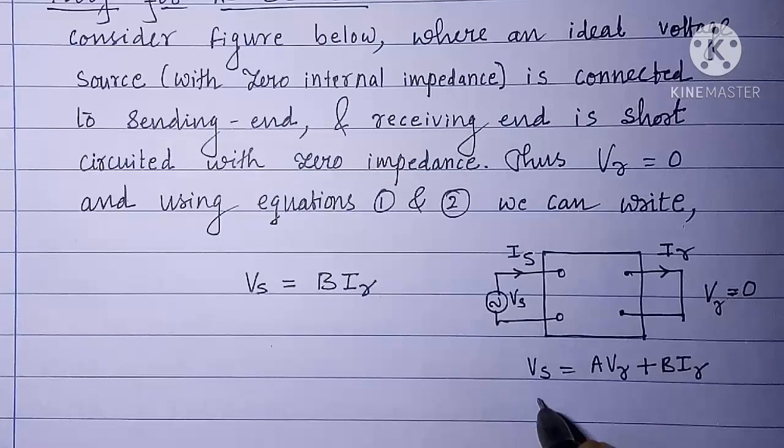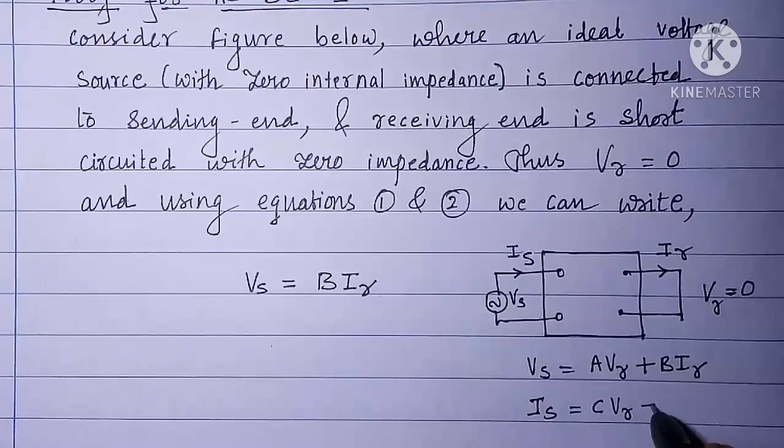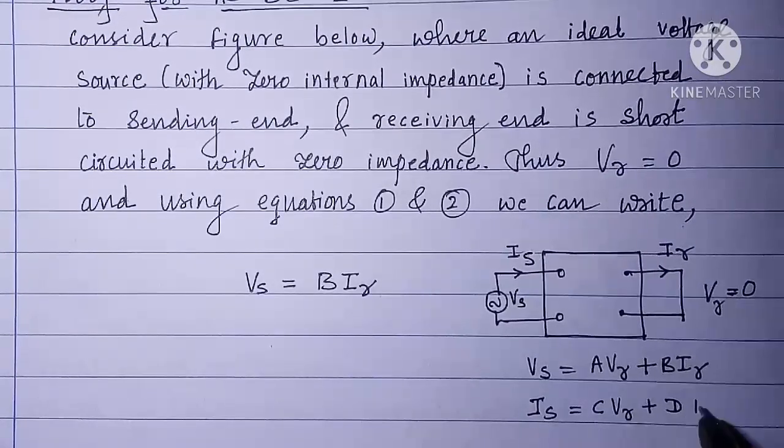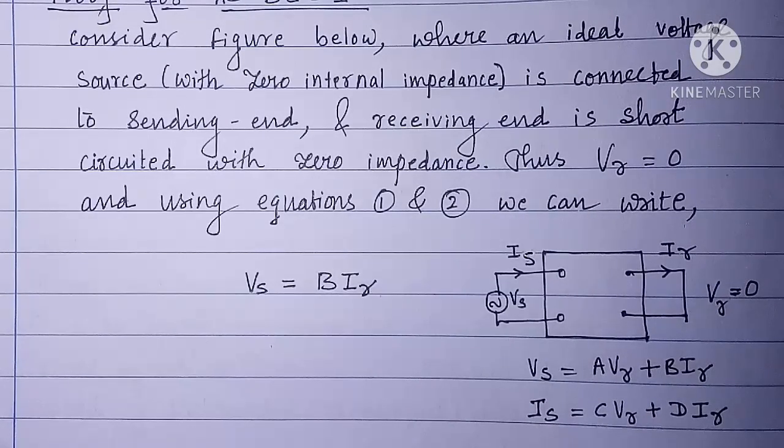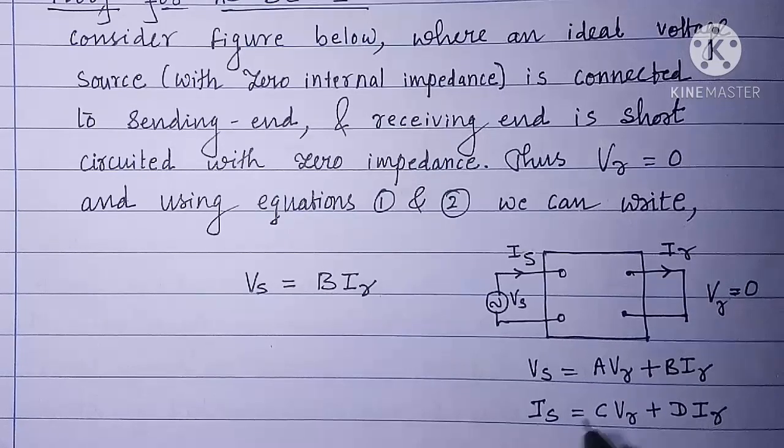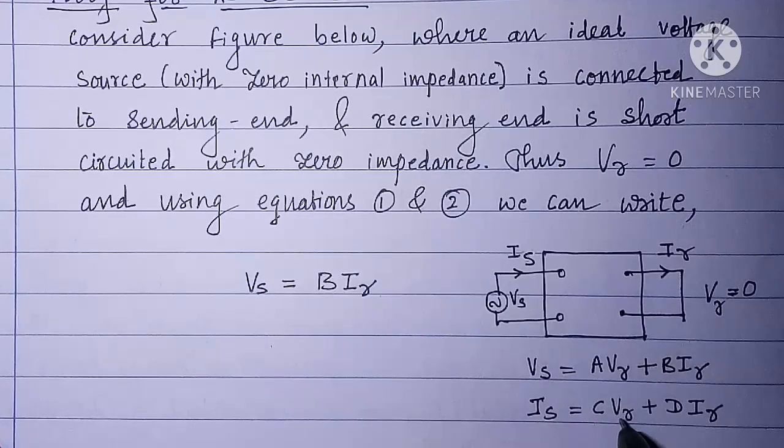And from equation 2, Is equal to C into Vr plus D into IR. Vr is again equal to 0. So Is will become D into IR. Is will be equal to D into IR.